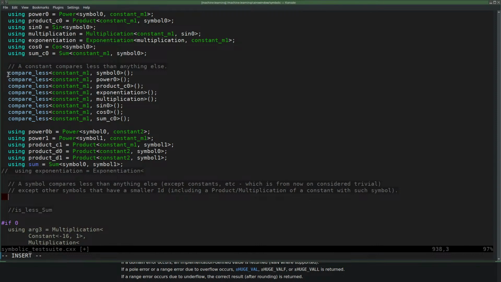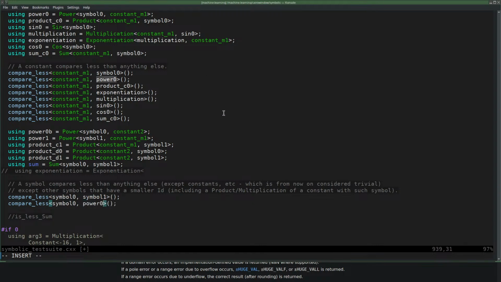So we say that symbol 0 compares less than symbol 1, which then automatically also tests that symbol 1 does not compare less than symbol 0, right? Otherwise I should do equal. Yeah. And symbol 0 also tests less than, well, what's the next one?